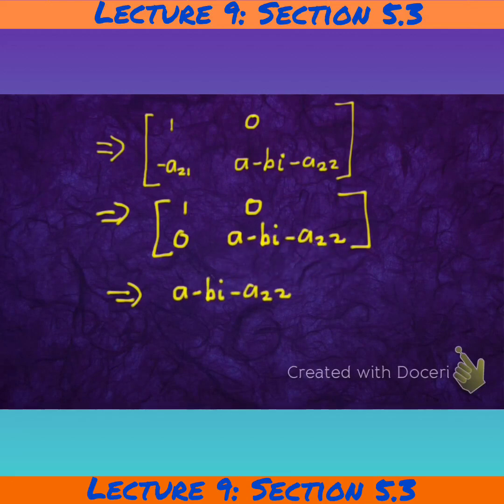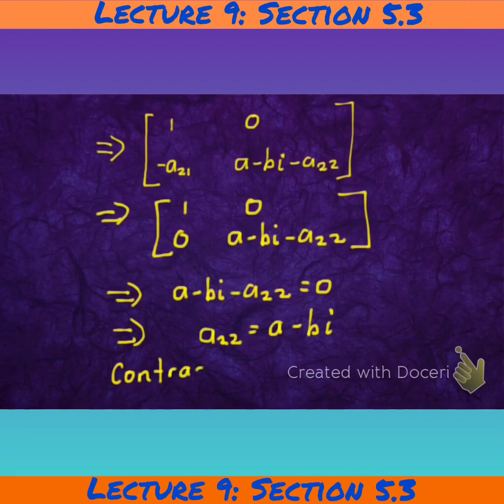Then from there, this term has to be 0, because otherwise lambda is not going to be an eigenvalue, right? So that is going to imply that A22 is a complex number that is not 0. But that's a contradiction. Why? Because remember the entries of A are real numbers.